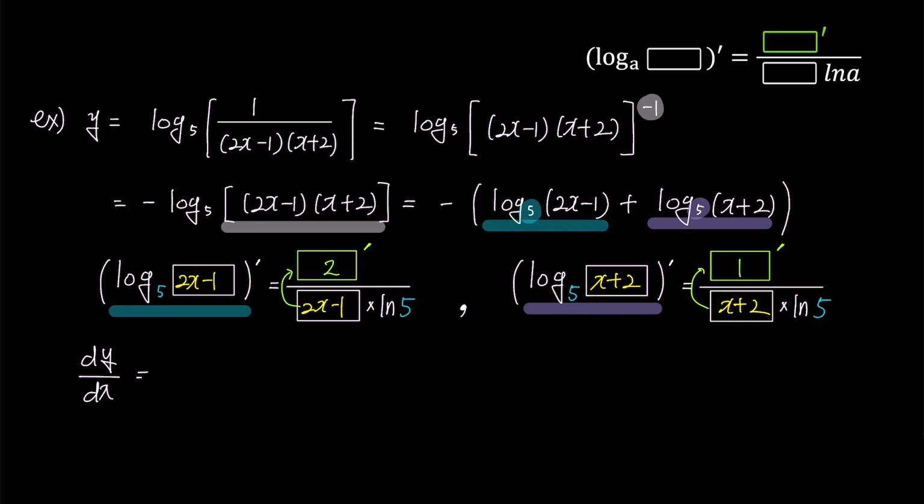Simplifying the expression for dy over dx, we have negative 2 over (2x minus 1) times ln 5 plus 1 over (x plus 2) times ln 5, which is the desired answer. Remember, before differentiating logarithmic functions, simplifying the expression using the properties of logarithms can make the differentiation process much easier.